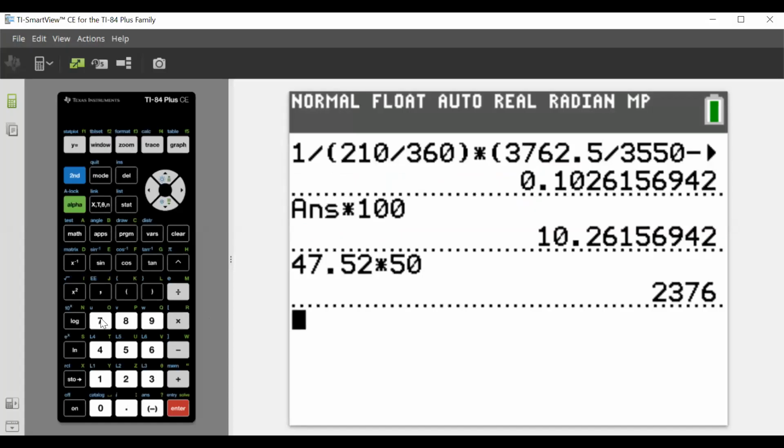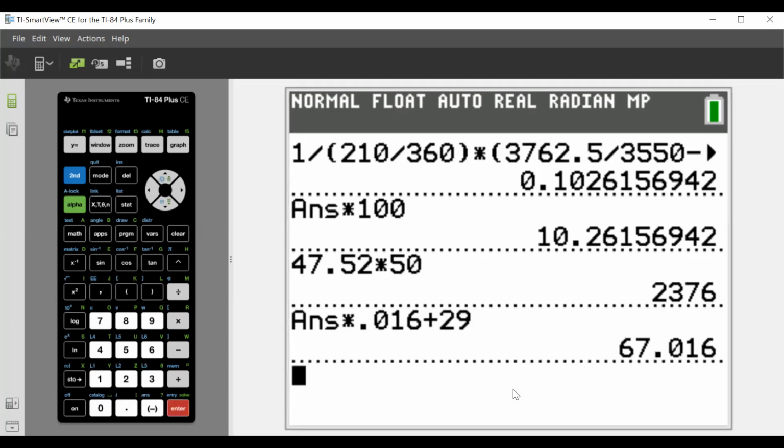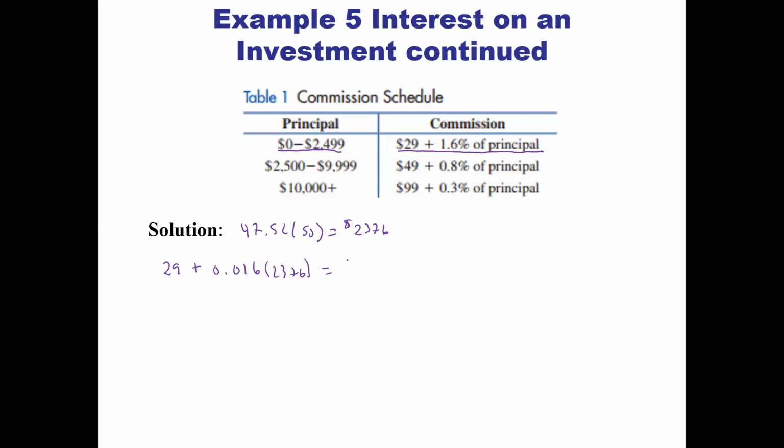If we take 2376 times 0.016 plus our initial $29, that gives us $67, and in pennies that'd be 2 cents. Usually we won't convert to the thousands, so it'd be 67.02. So this was our principal, and this was our commission.